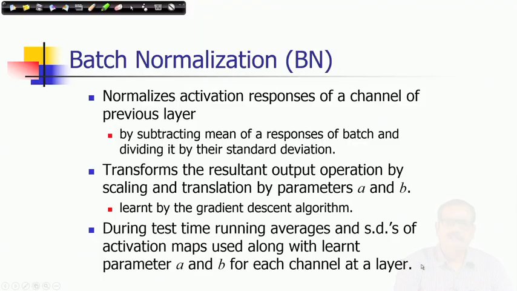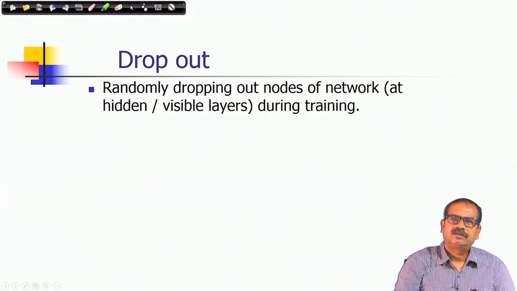During test time, running averages and standard deviations of activation maps are used with the learned parameters for each channel at a layer. So, that is how batch normalization is carried out in CNNs.